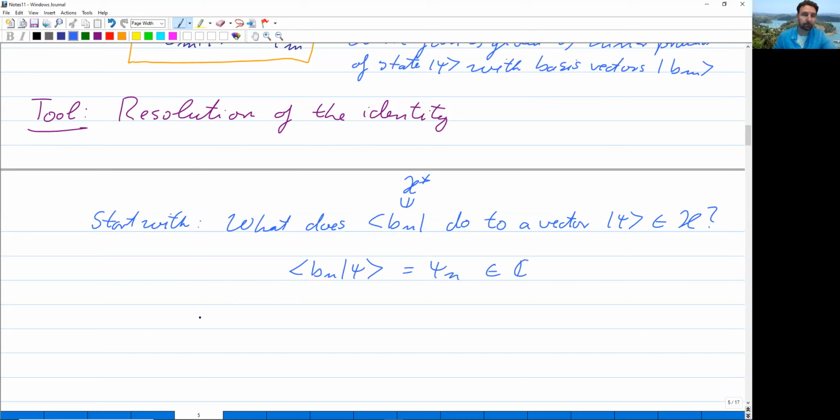So then we can ask, what does the ket |Bn⟩⟨Bn| do to ψ? Well, let's work it out.